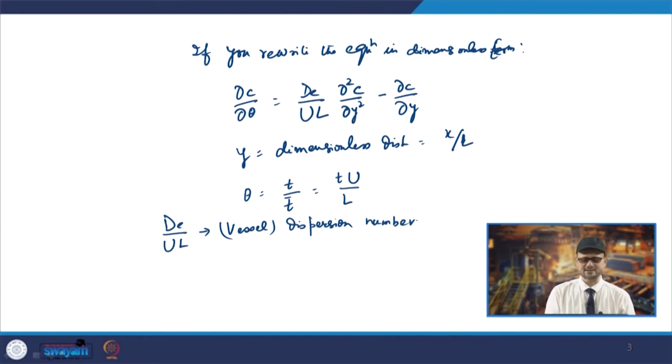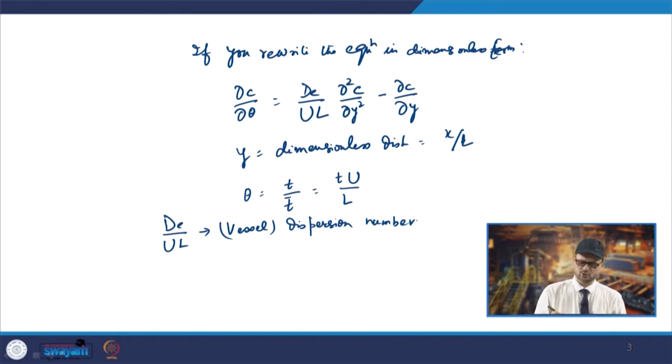If you look at this term, it is nothing but the inverse of the Peclet number. In the Peclet number you have the ratio of the convection term to the diffusion term, whereas in this case you have the diffusion term to the convection term. So, this is basically the inverse of the Peclet number.